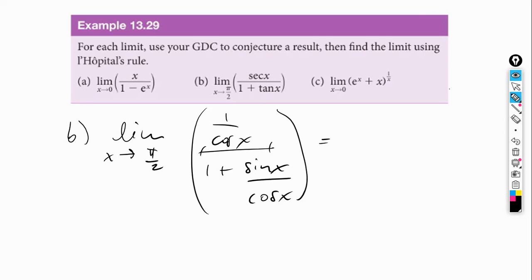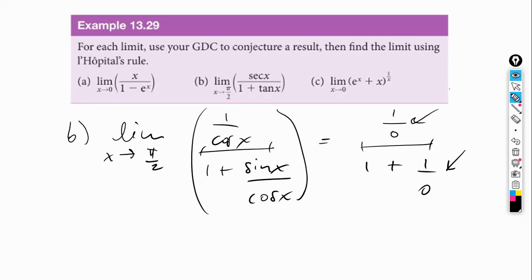So what do we get if we plug in pi halves? It'll be 1 over 0 divided by 1 plus 1 over 0. Okay, so notice that this is undefined and this is undefined there. But think of approaching the value of 0 from the left in these two cases.